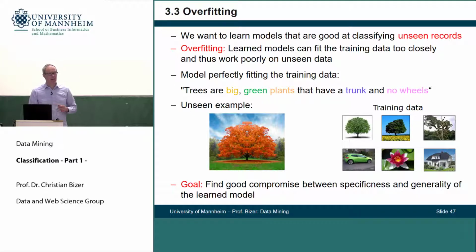The model fails to correctly classify this unseen example. So now we need to think about how we could prevent a model from overfitting, from becoming too specific to the training data so that it doesn't work for unseen instances.